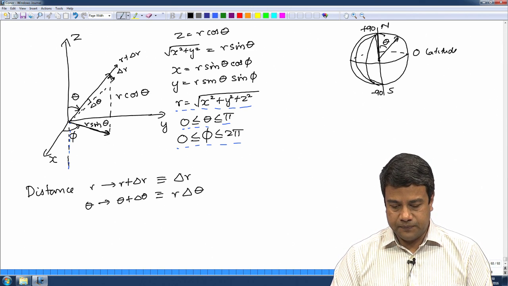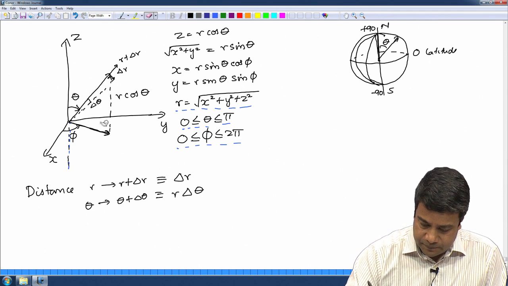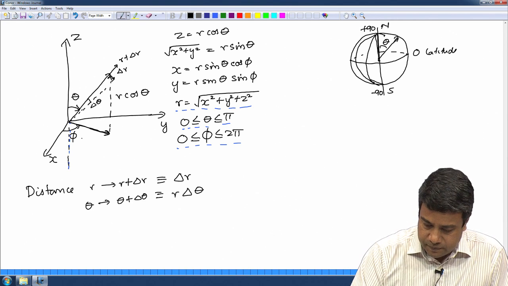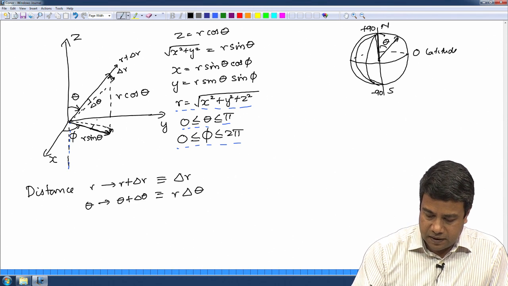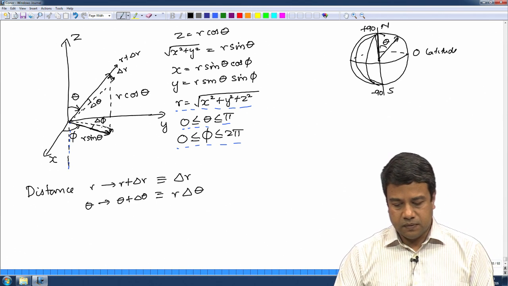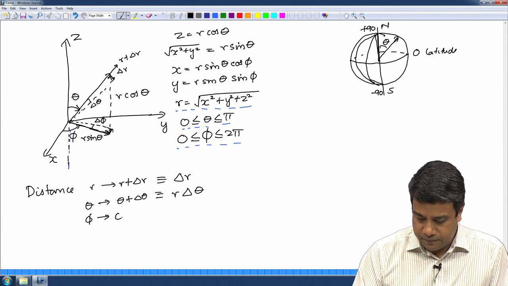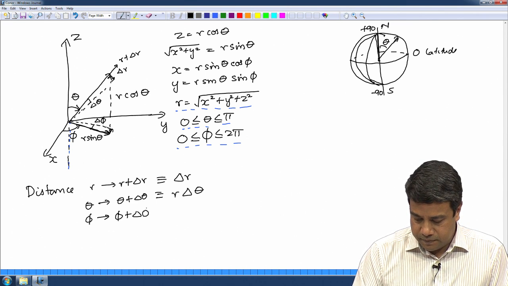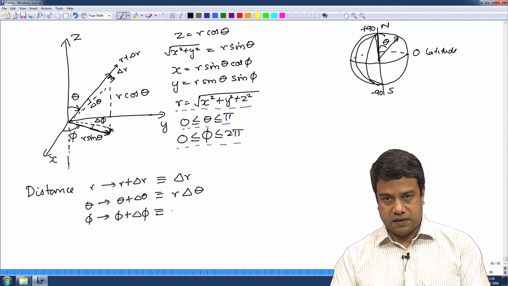And when phi goes from phi to phi plus delta phi, and I go a small distance along the phi coordinate, this distance is obviously the radius times delta phi.